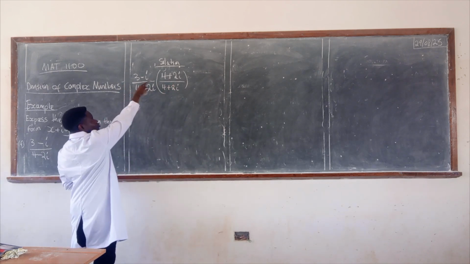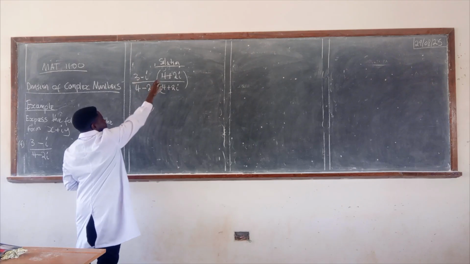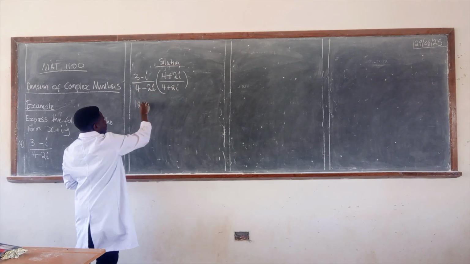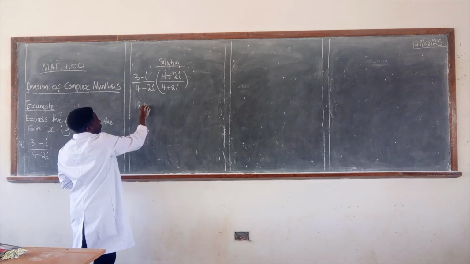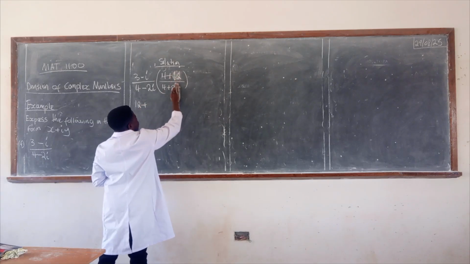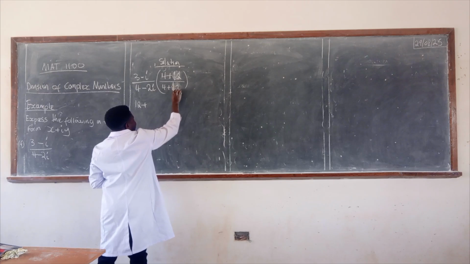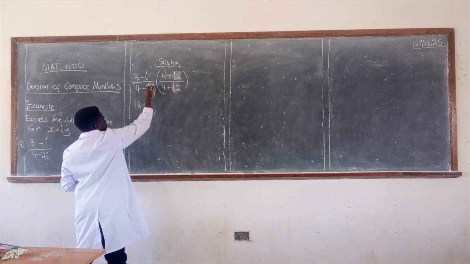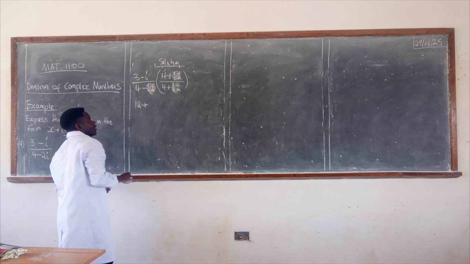So here, 3 times 4 is going to give us 12, and then 3 times 2i is going to give us plus... Oh, sorry. So this is i. You just write it properly, i2. Write it i2 like that, so that you don't get confused. Same here, i2. Okay.